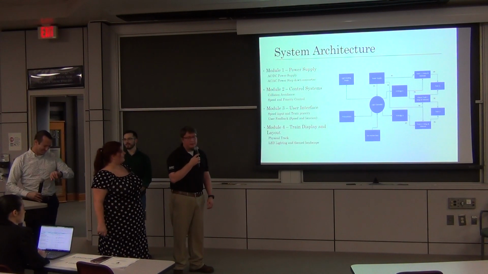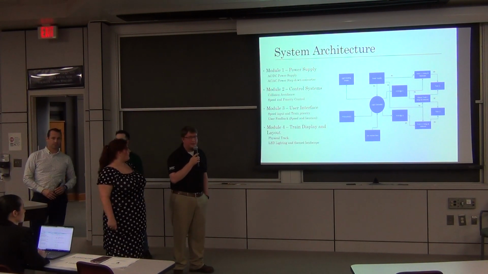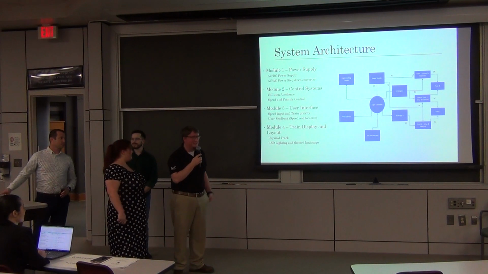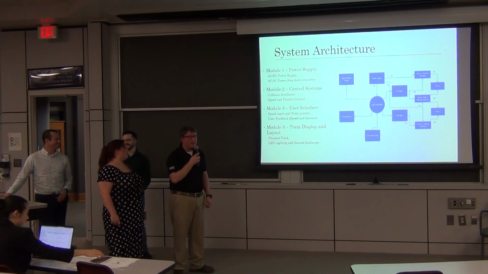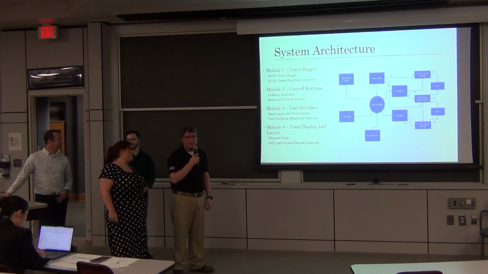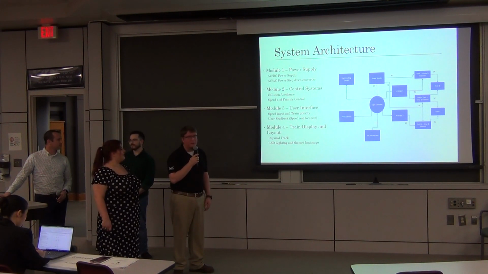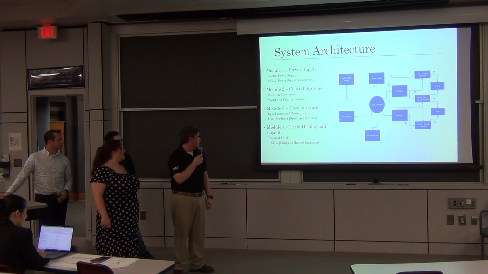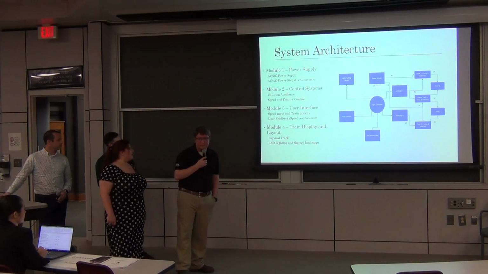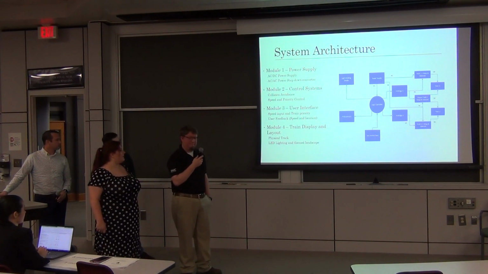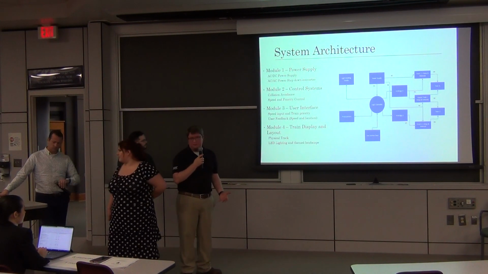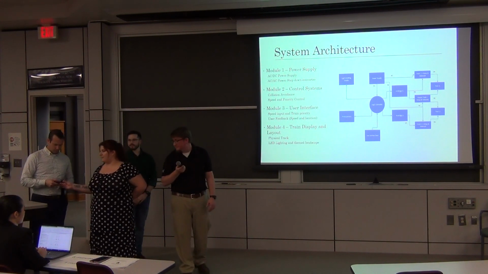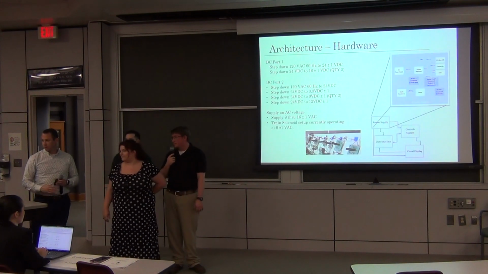This module primarily deals with pulse width modulation, which is speed input, and train priority, which of course controls which train has priority to the shared section. Finally, we have module 4, which is the physical display, and that is, as it says, all the LEDs in the actual physical track. That's wrapping up this slide.